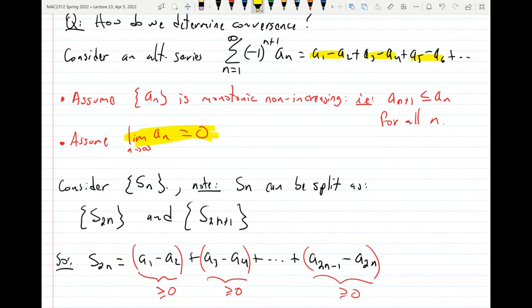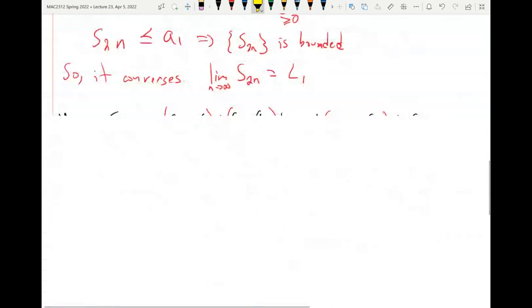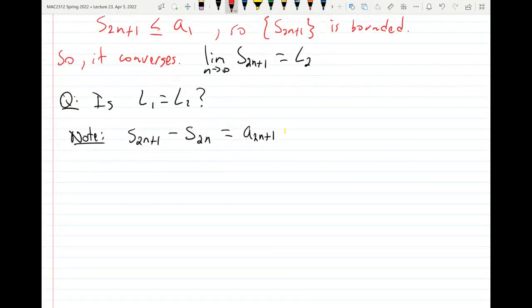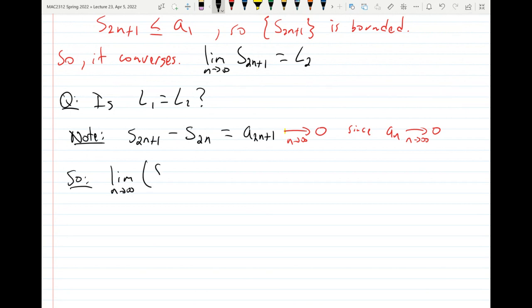So the fact that this one goes to 0 implies that this is also 0. So notice that this approaches 0 as n approaches infinity, since the original sequence approaches 0 as well. Does that make sense? So the limit as n approaches infinity of S_{2n+1} minus S_{2n} equals 0, right?